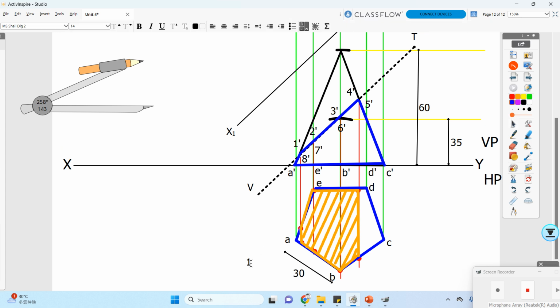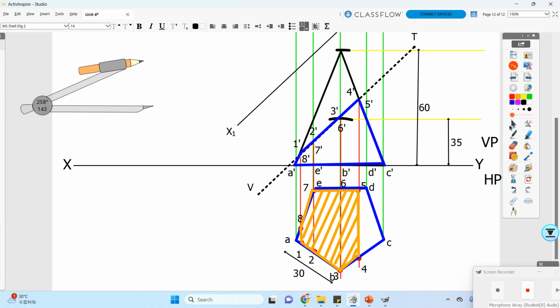So this is your first point, then this is your second point, then this is my third point, then this is my fourth point, then this is my fifth point, then this is my sixth point, sorry, over here sixth point, then this is my seventh point, and this is my eighth point over here.